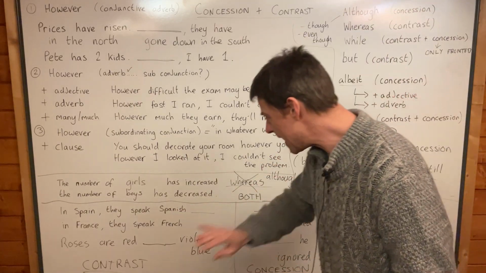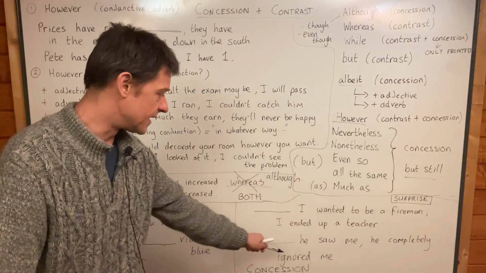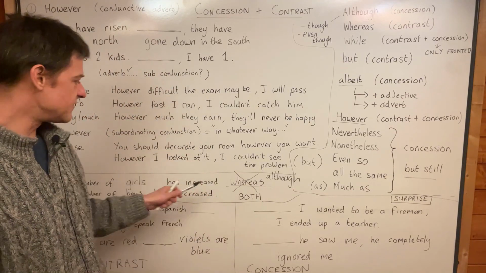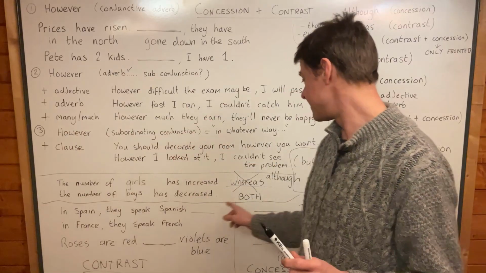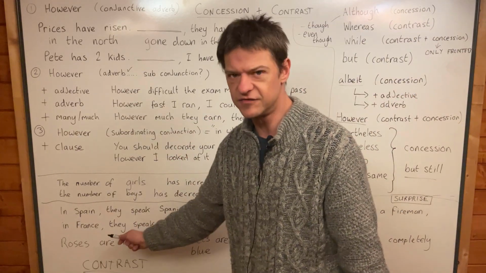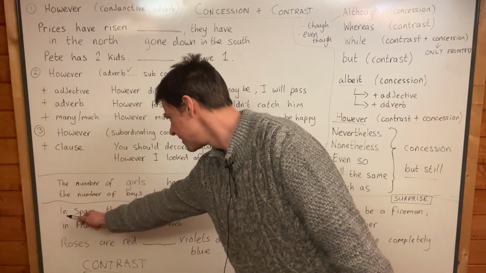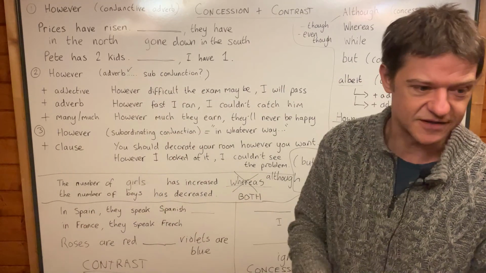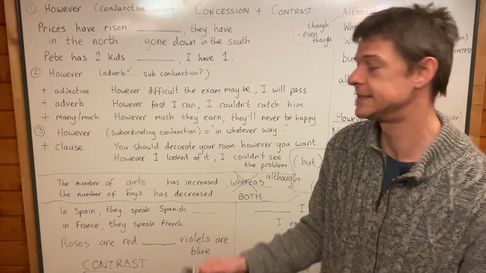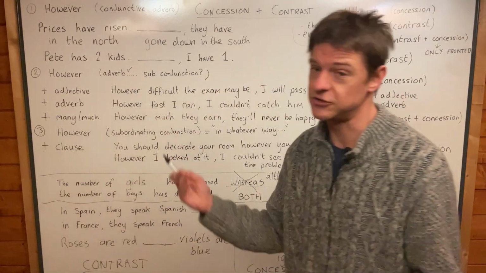Now I'm going to show you bare contrast and simply concession that isn't contrast, because even though this sentence could be either, and that's why whereas and although both work, this is very unlikely to be concession. Look at this sentence, and it's a rubbish sentence. It's very obvious. In Spain they speak Spanish, right? In France they speak French.